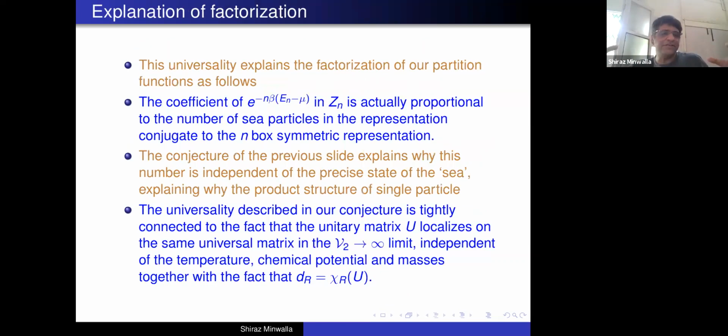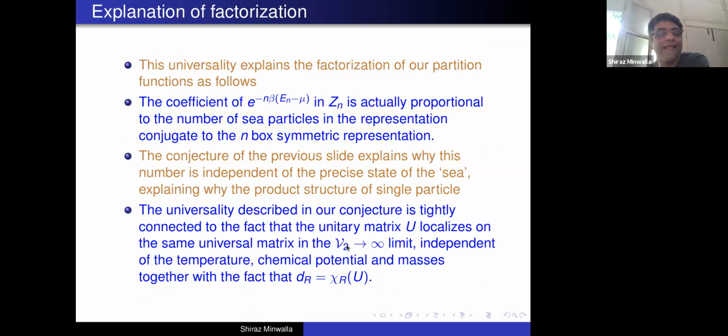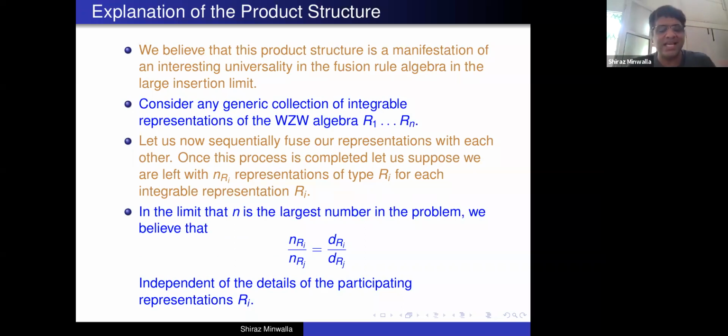If you take a large number of representations, put them together and fuse them, and ask how many of these are in the singlet, how many in the first integrable representation, how many in the second, and so on, let's call these numbers n of R_i, in the limit where the number of representations that you fuse goes to infinity with N and k held fixed, you can show, maybe show is a bit exaggerated, at least we can give a physicist-type argument for the following claim: the ratio between the number of R_i to R_j becomes something universal, and in fact is equal to the ratio of the quantum dimensions of these two representations.